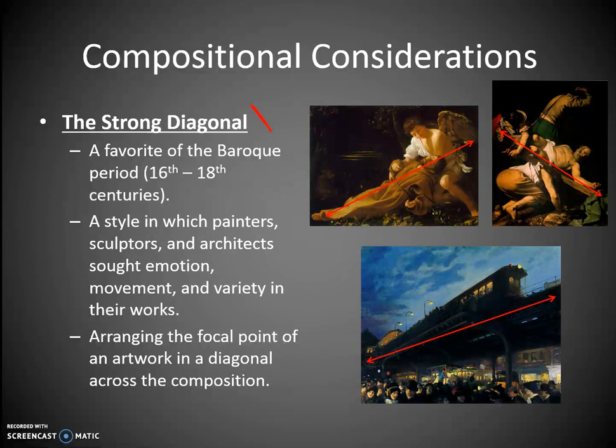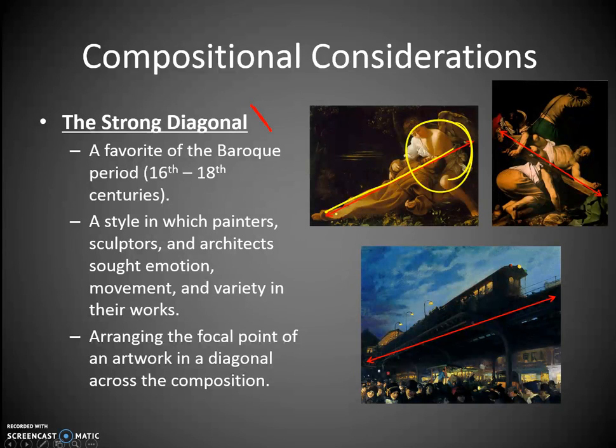So basically what they started to do is arrange the focal point of their artwork in a diagonal across the composition. As you can see with these examples, which are good examples of a strong diagonal, the subject is, as exemplified by this red line, going across the composition, right? You'll notice we have our main subject here, and then the way that the body's position is coming here.